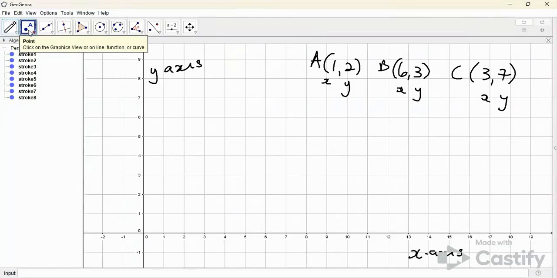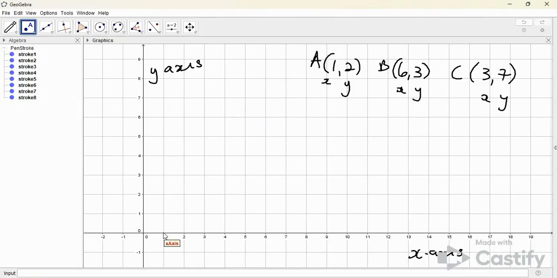So A is (1, 2). First thing I'm going to do is look on my x-axis and find where 1 is. Don't draw anything, don't touch anything, just find where 1 is. This is where 1 is. Then I'm going to look at my y value. The y value is positive 2.